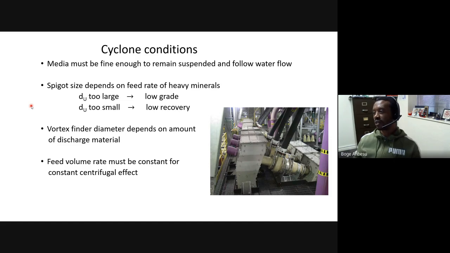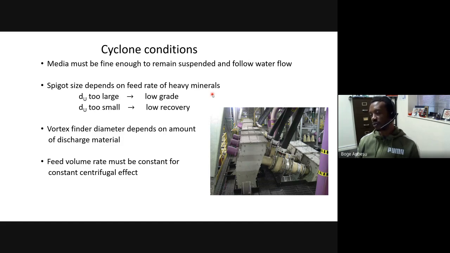Media needs to be stable enough. And in terms of spigot diameter, that is mainly affected by how much we want to process, so the capacity of your cyclone itself and so on. But obviously, if you make the spigot size, for example, really large, what happens is fine particles, light particles will start to exit through it as well, and that will reduce the quality of the product that you produce.